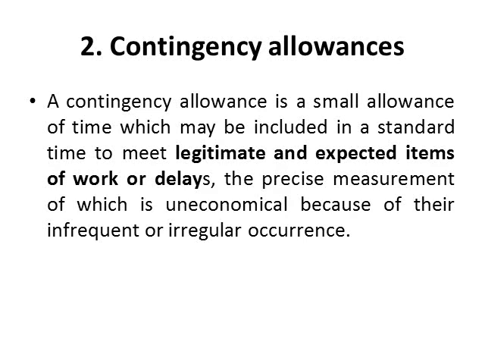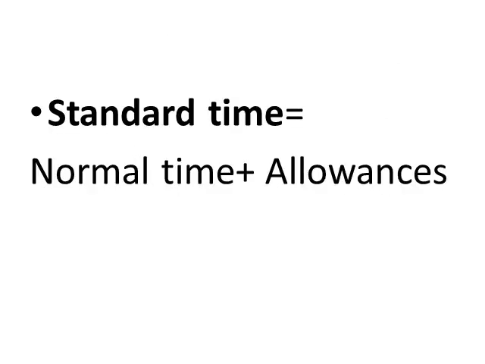So initially we are finding how we will calculate the normal time or basic time. Then we will discuss different types of allowance. Then we will go to standard time. Standard time equals normal time plus allowances. How will we calculate the normal time? Normal time equals observed time into rating factor.